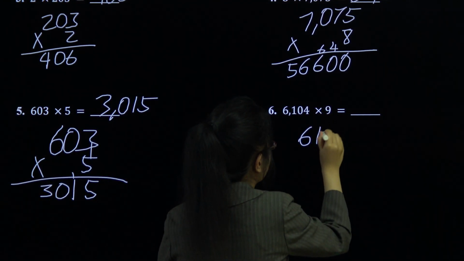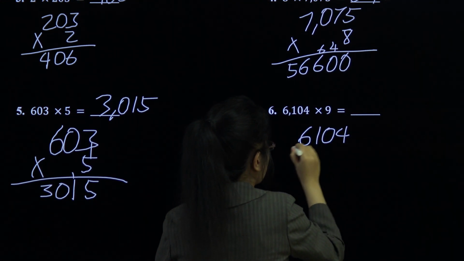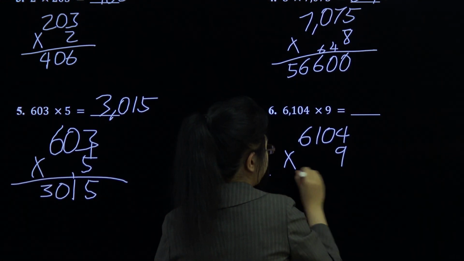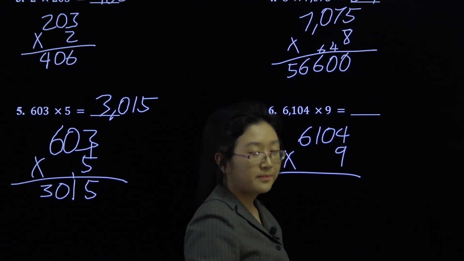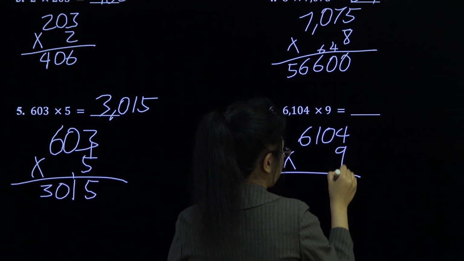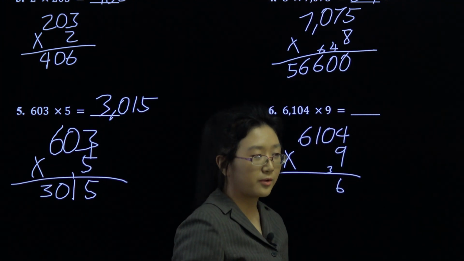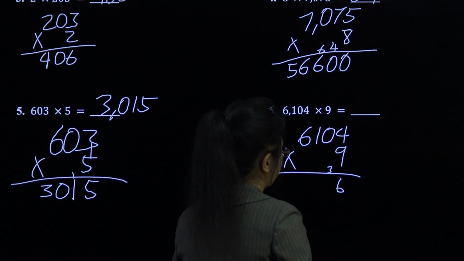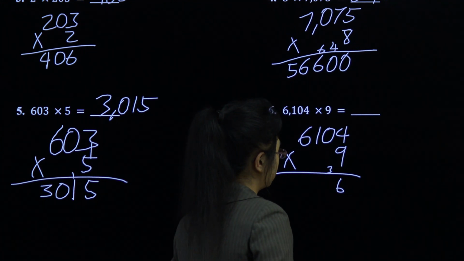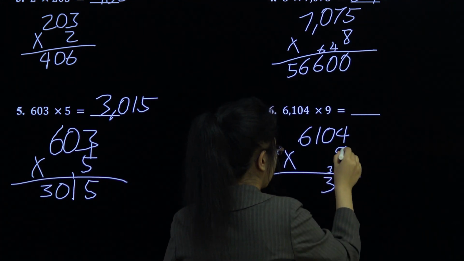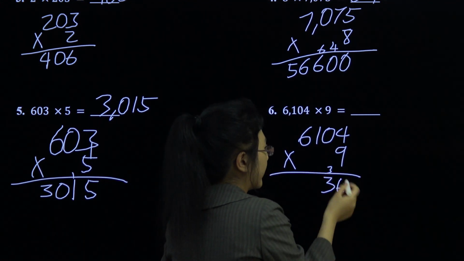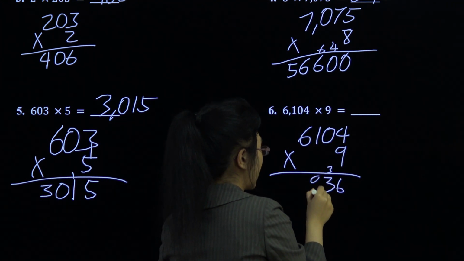Here, we have 6,104 times 9. 9 times 4, 36. 9 times 0 is equal to 0. And 0 plus 3 is, well, equal to 3. So there's nothing to regroup. 1 times 9, 9.